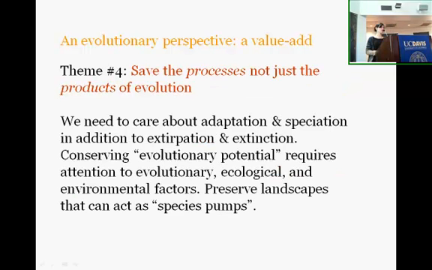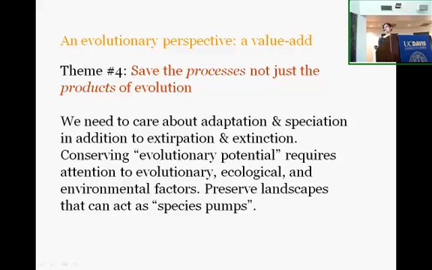Okay, one of the really important take-home messages is that I want people to be thinking about not just the products of evolution, but the processes of evolution. So I'm not saying we shouldn't save panda bears, but panda bears and any other species, your favorite species, is a product of evolution that will have a relatively short lifespan in the history of our planet. It's not to say that we shouldn't do everything in our power to save them, but we also want to think about the processes themselves that generate diversity.